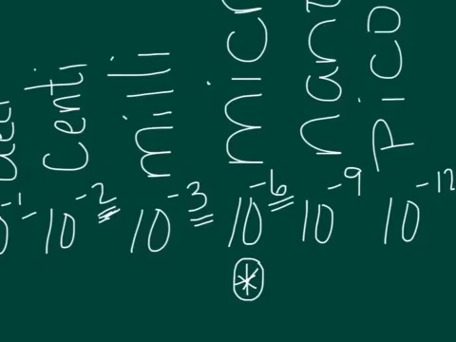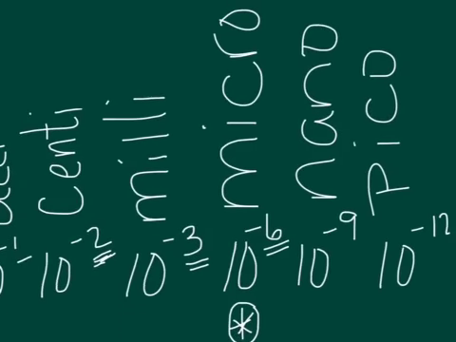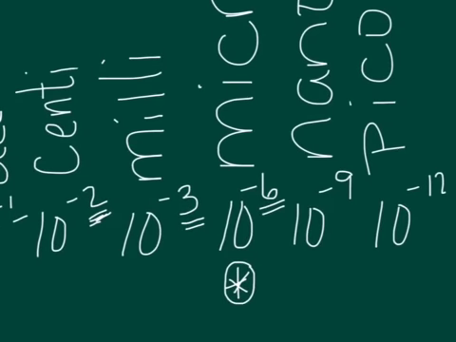Well, over at the nano, we can describe that as well. We can say that 10 to the minus 9 really means that there are 1 billion nanometers in a meter, 1 billion nanoliters in a liter, and 1 billion nanograms in a gram.